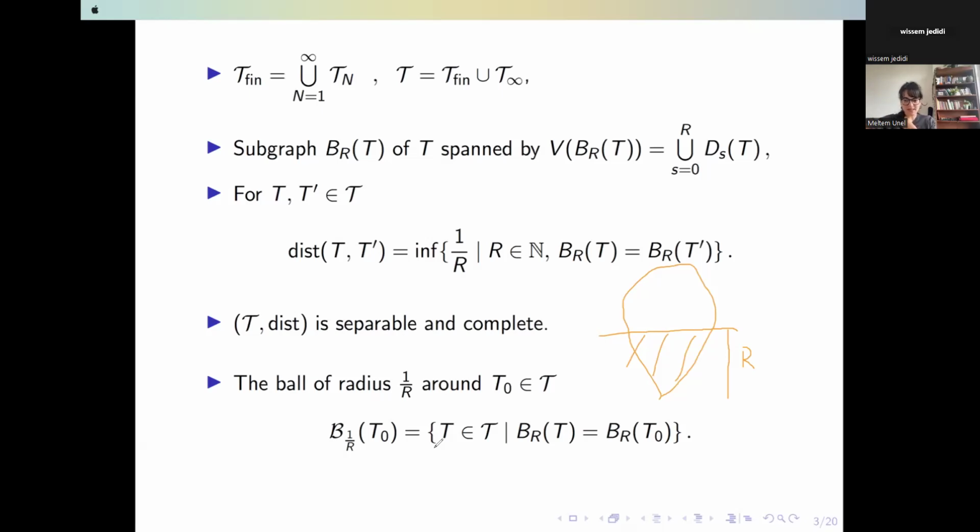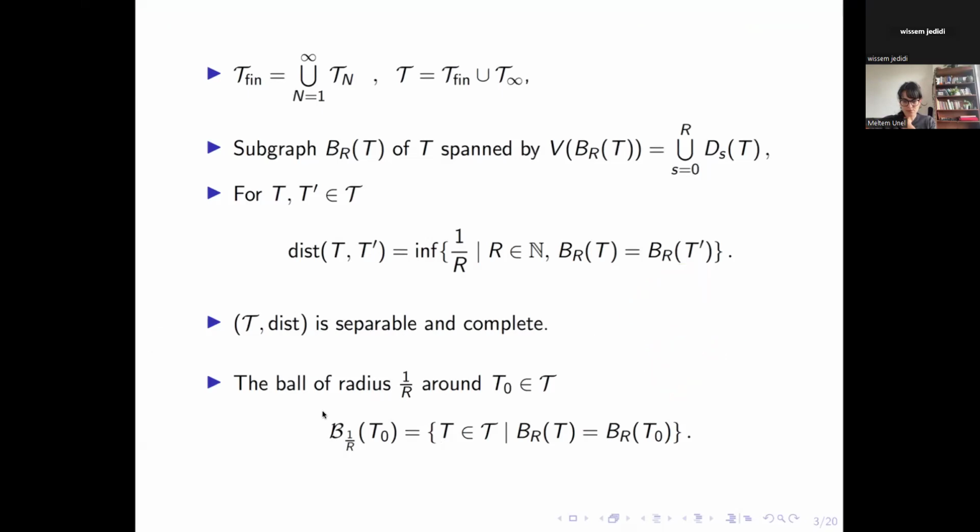So all trees that have the same edges up to depth r with T0 are in the ball of radius 1 over r. Is that right? T0 is just a tree that I take from my space. It can be any tree. It doesn't have to have height r. Then let's say I just cut it at level r, and I look at the part that is left after the truncation.